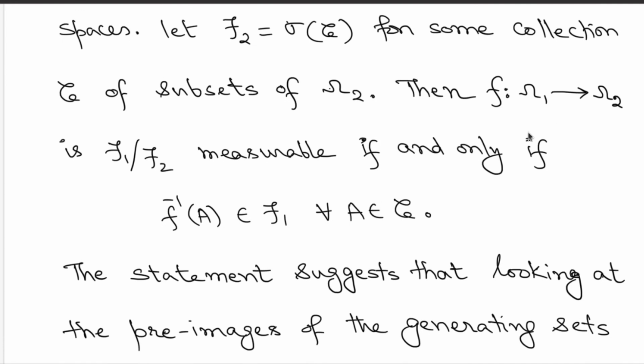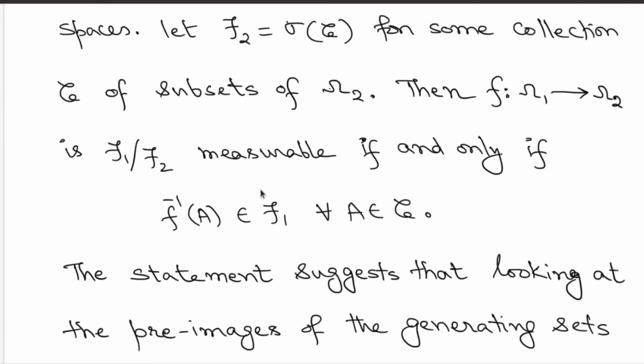The statement says that for the pre-images of sets coming from the smaller, generating collection, take only those generating sets A and look at their pre-images. If these pre-images lie in the domain side sigma field, then the function will be measurable.